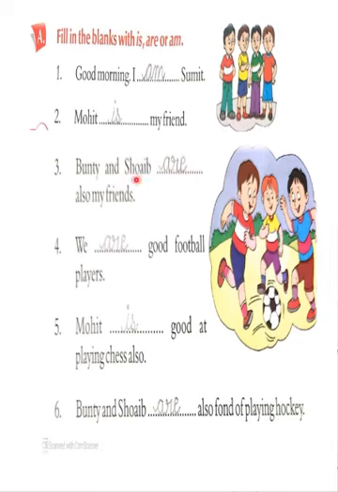Bunty and Shoaib, two special names, so we will be using are because these are two. And we is plural, meaning many people. Mohit is one, so with a special name we use is because it is one. And Bunty and Shoaib, again two special names, means two. With these two we are going to use are.